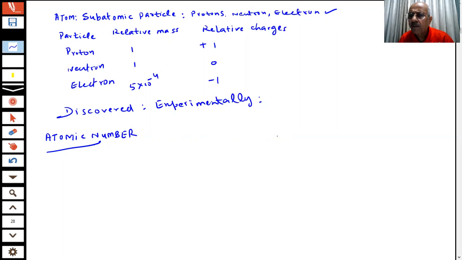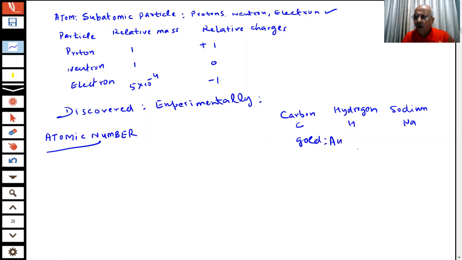You are saying carbon, you are representing by C; hydrogen, you are representing by H. You are saying sodium, what symbol you are using in the periodic table? And you are saying gold, what symbol you are using? Gold, Au. All this you can see, so many, silver, Ag. Did you see that in the periodic table?